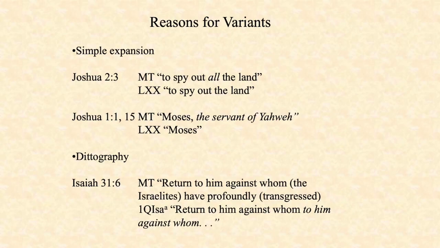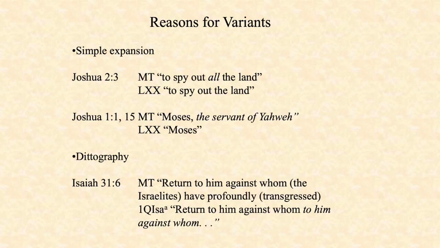Sometimes what has happened in the copying of the texts over time is that a particular scribe might want to expand or explain something in the text that isn't clear. So we have one example here.